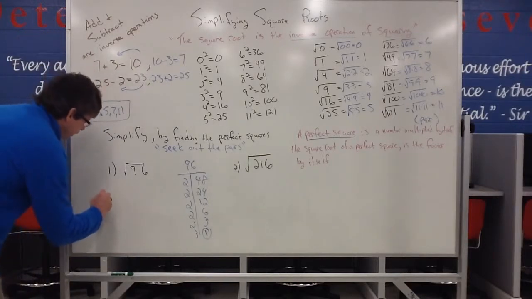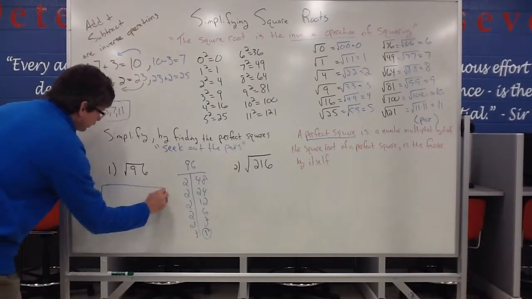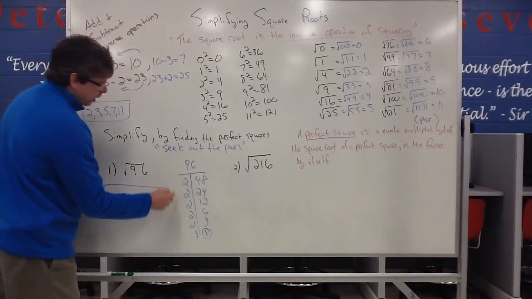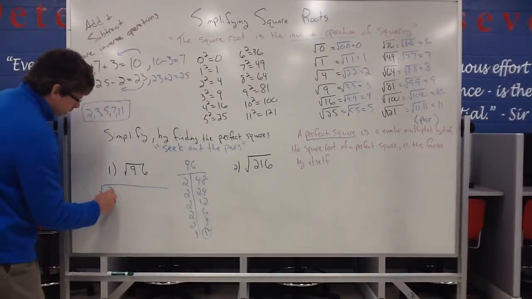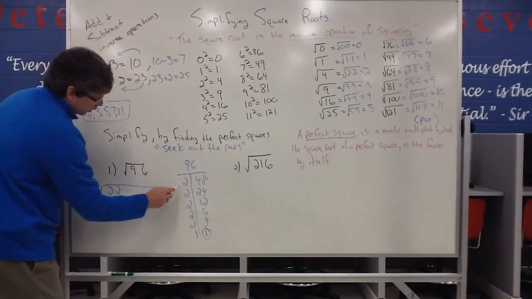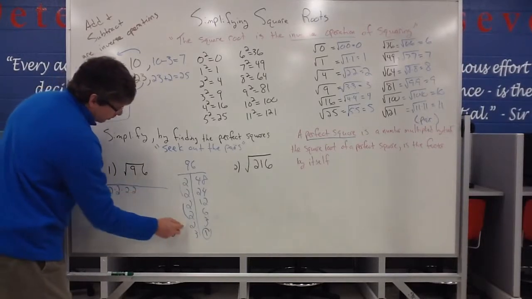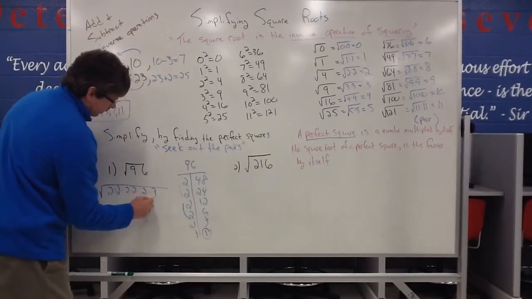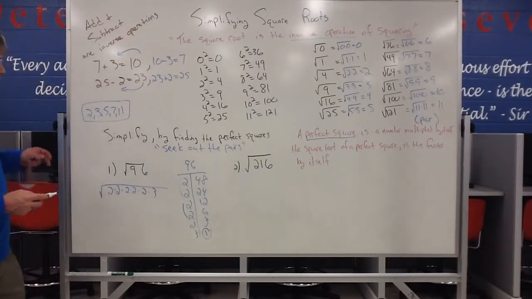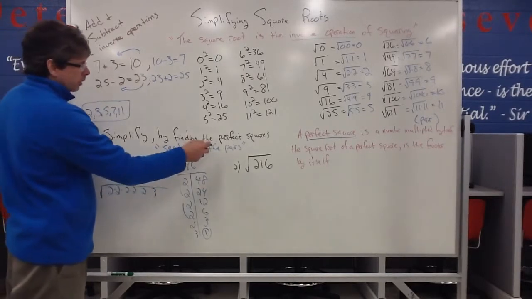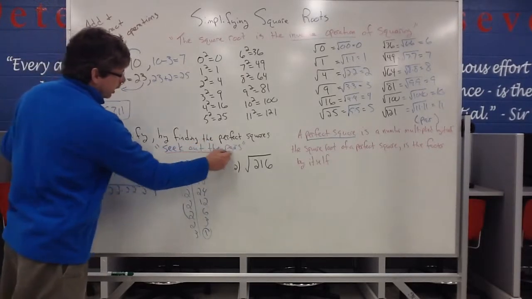So what we're going to do is break the square root of 96 down into these prime factors. That's going to be my little strategy. So 2 times 2, 2 times 2, times 2, times 3. Now what I'm doing is seeking out perfect squares, in other words, I'm seeking out pairs.